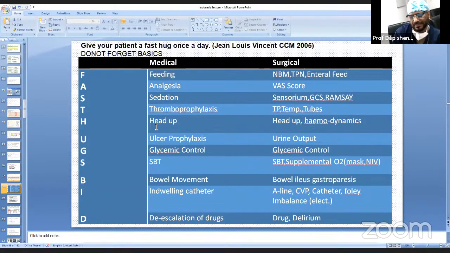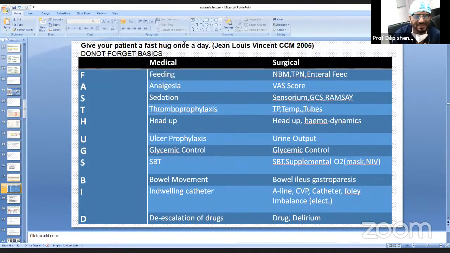So head up, hemodynamics for H, for U, ulcer prophylaxis, urine output, for G, glycemic control, S, spontaneous breathing trial, supplemental oxygen mask, NIV. Then there is another, SBIDE, where S is for SBP, B for bowel management, I for indwelling catheters like arterial line, central line, Foley's catheter, E for de-escalation of drugs or delirium.